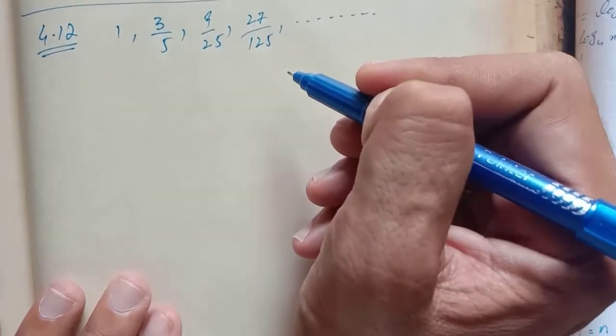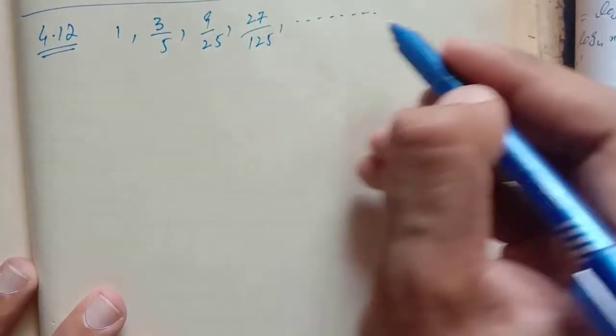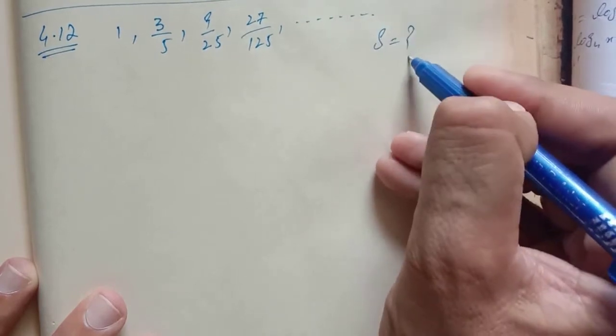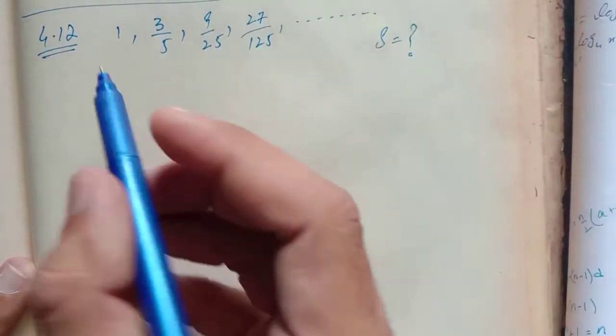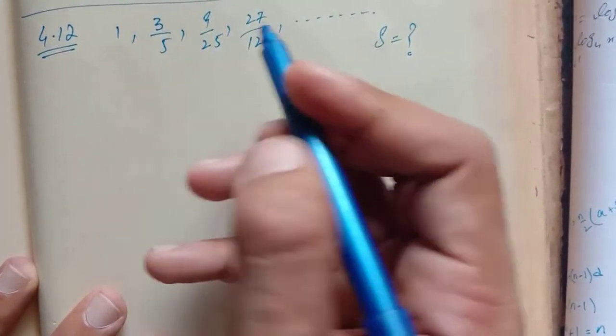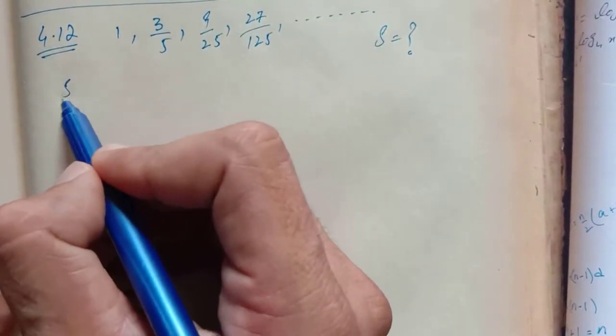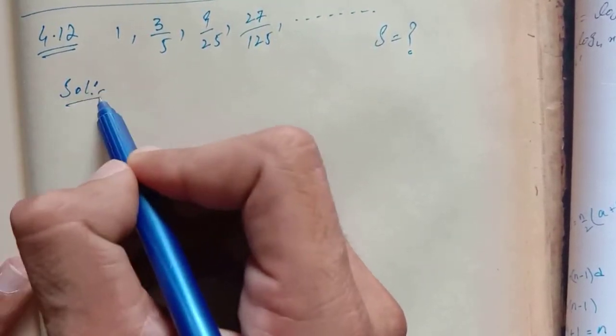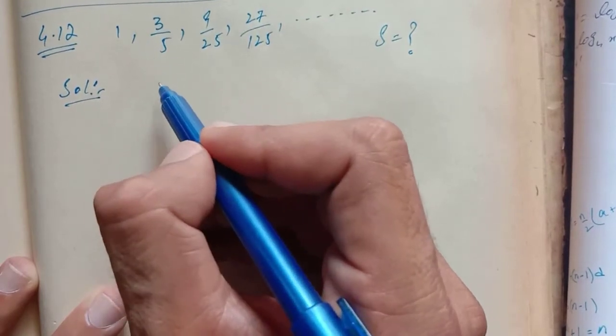So the series is infinite, and we have to find out the sum. First look at the series. We take the ratio between two numbers.